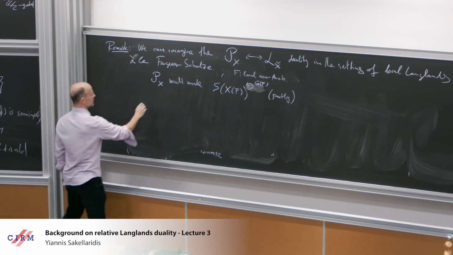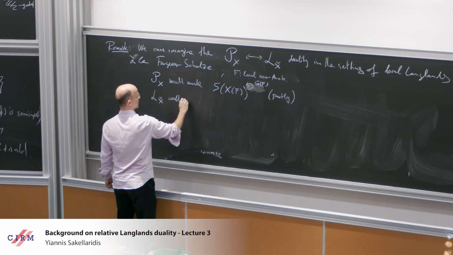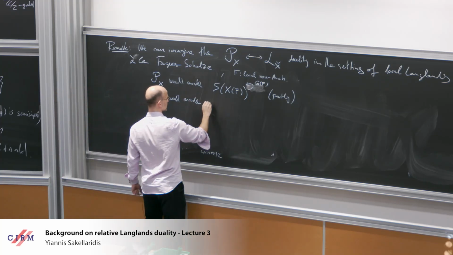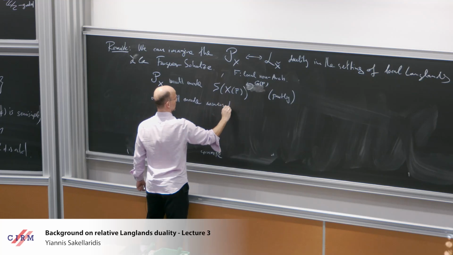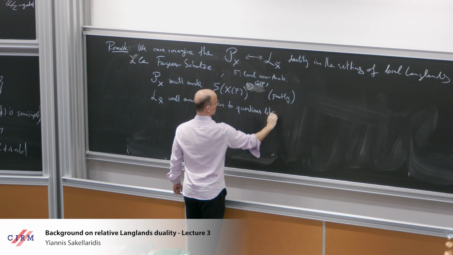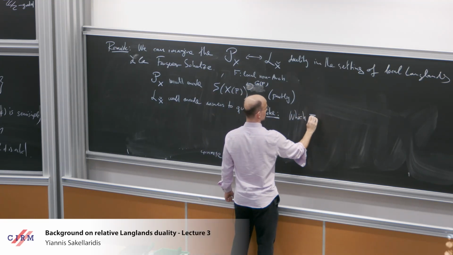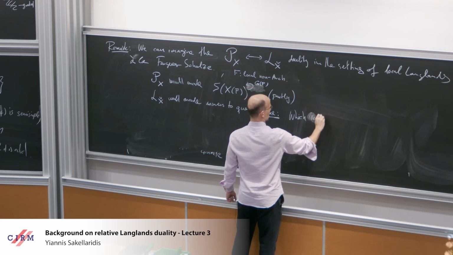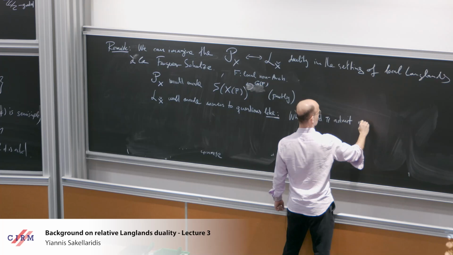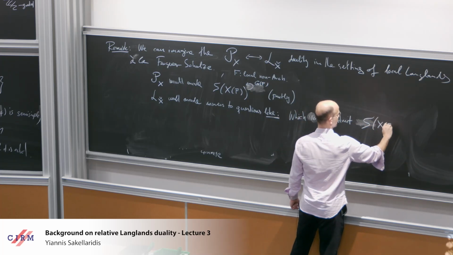And then the L-sheaf would encode answers to questions of distinction, for example, which irreducibles pi admit a non-trivial quotient, so admit a quotient from my representation.